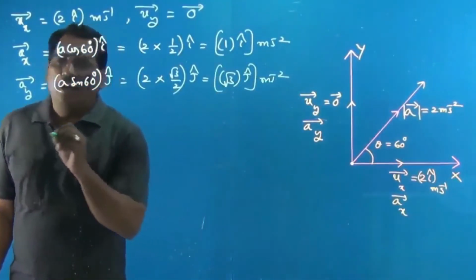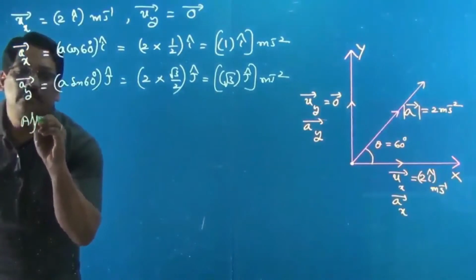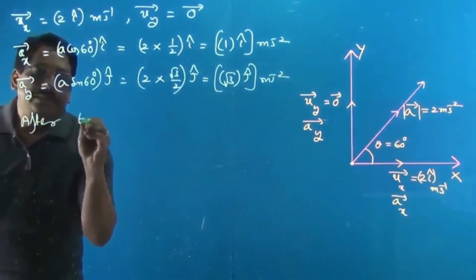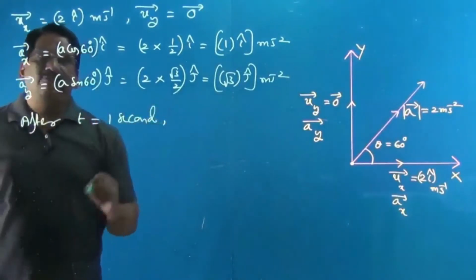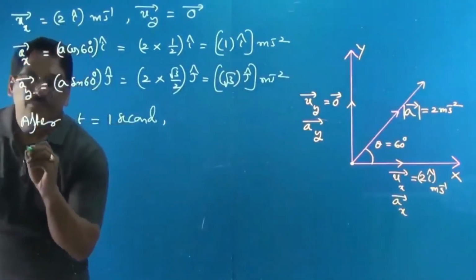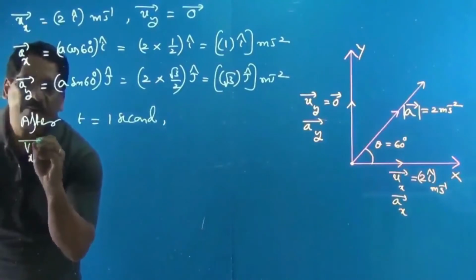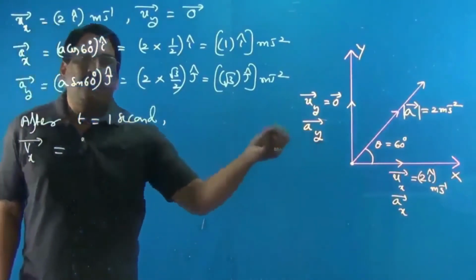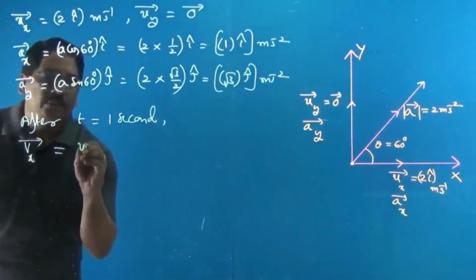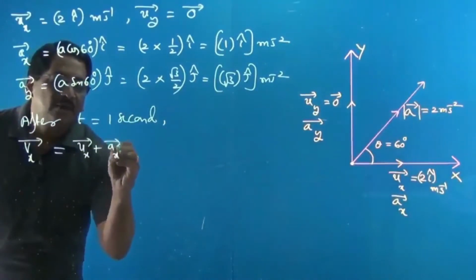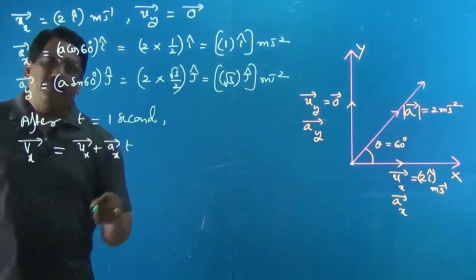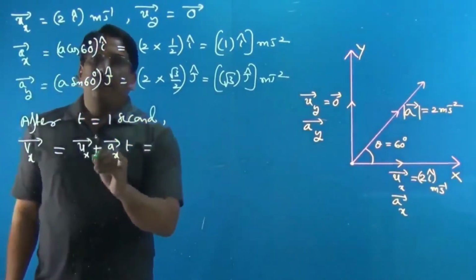Now after t equal to 1 second, after an interval of 1 second, Vx bar, the velocity vector along the x-axis, is equal to ux bar plus ax bar into t. What is ux bar?